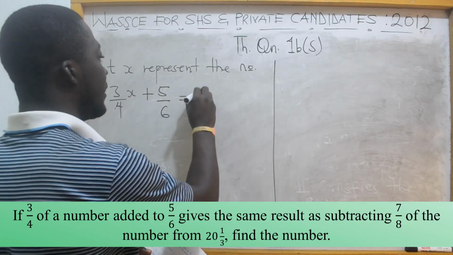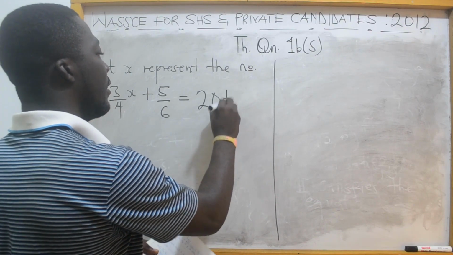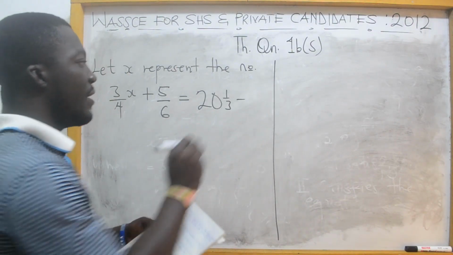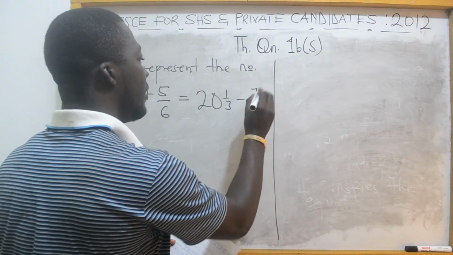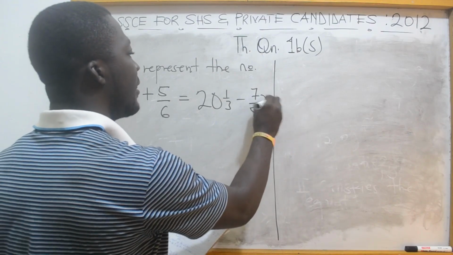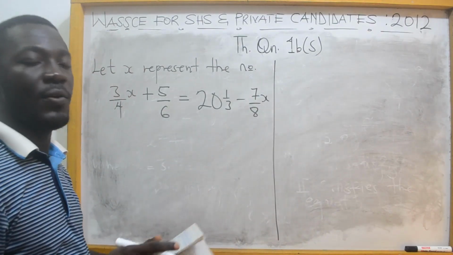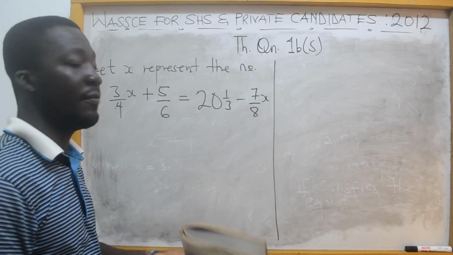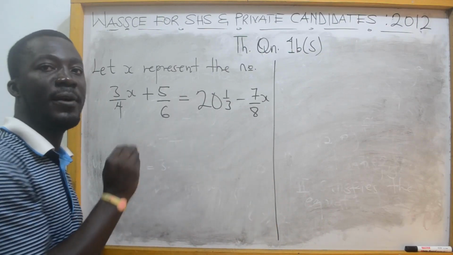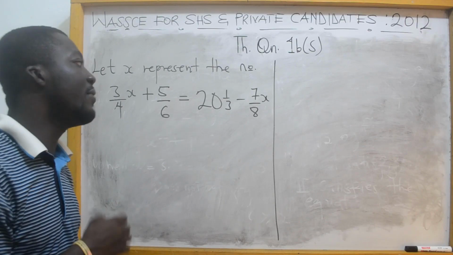So we are subtracting 7 out of 8 of the number x from 20 whole number 1 out of 3. And we now have a mathematical equation that we can solve.